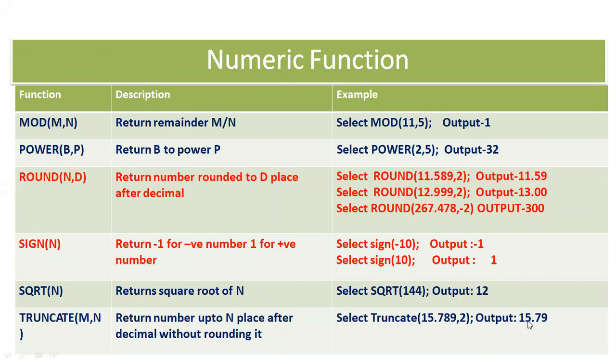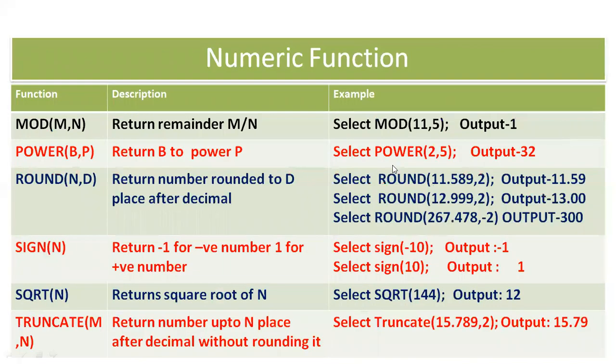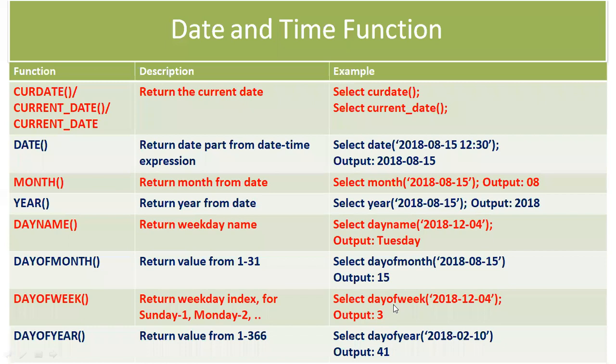Output will be 15.79, only 7 and 9, and the others will be removed. So truncate removes the decimal points only. Here in numeric, mod means remainder, and power we have already discussed.